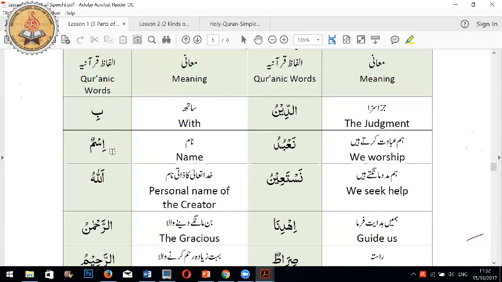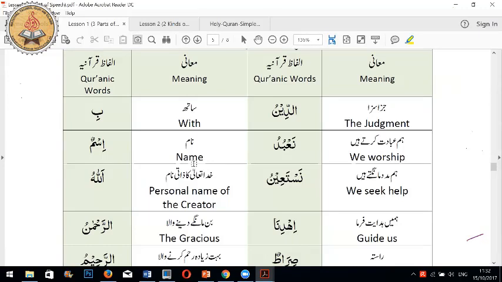Okay, so if I start from my left, basically B, and the translation is with, you have to memorize that one. Maybe you already know, and I understand you must have memorized or learned by heart so far. But anyway, this is some revision.